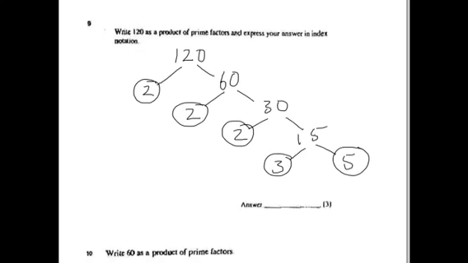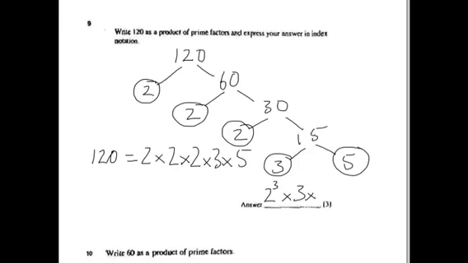Okay, so that gives us our answer. So we figured out that 120 is equal to 2 times 2 times 2 times 3 times 5. We're asked to give our answer using index notation, so rather than 2 times 2 times 2, I'm going to say that's 2 to the power of 3 multiplied by 3 multiplied by 5.